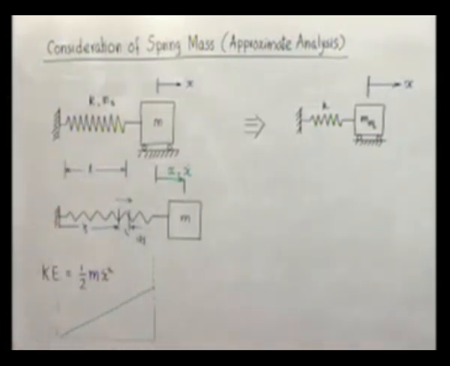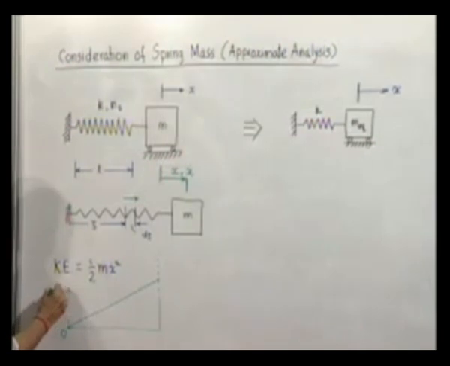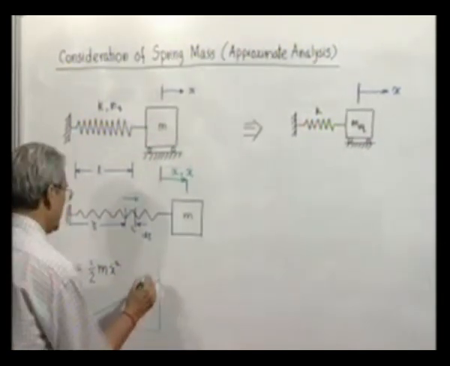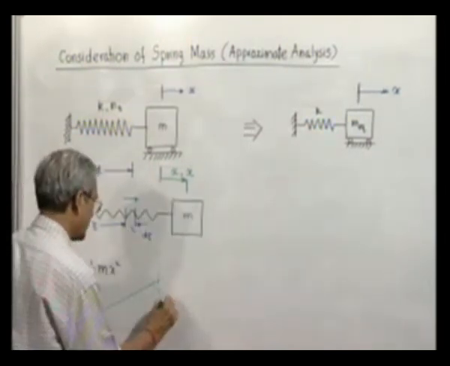This is an assumption, though it is not very different from the actual case, but exactly it is not so. But we assume that at the fixed end of the spring, the displacement is 0, and when it comes here, obviously the displacement is x.